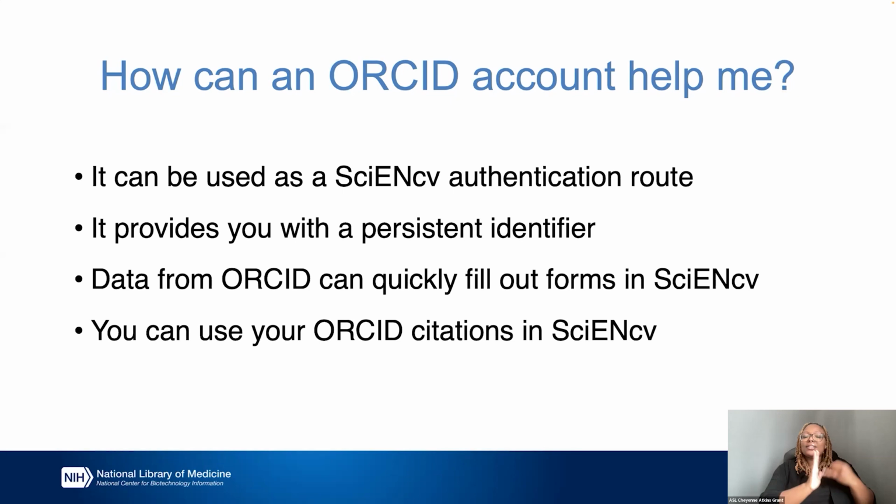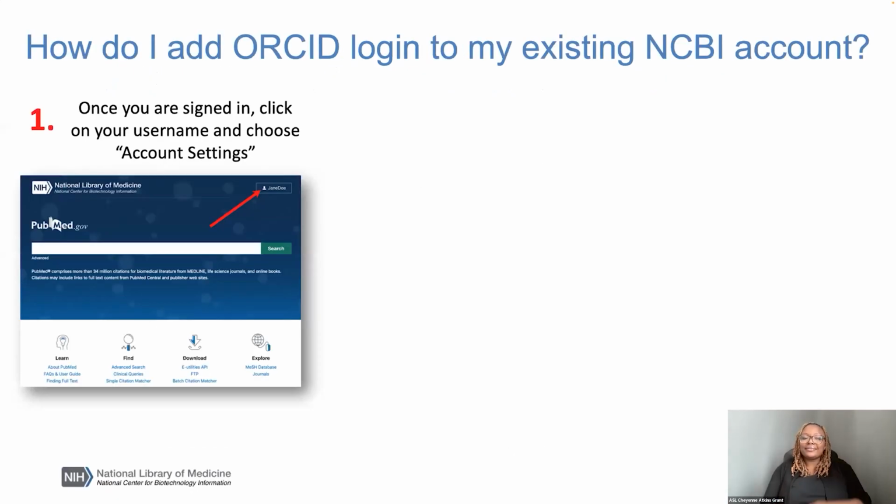Okay, so let's take a case where you've got a SciENcv account, you access it through Research.gov. This sounds pretty intriguing. You want to know how to access this greatness that ORCID provides you. How do you add it to SciENcv if you've already been signing in with Research.gov?